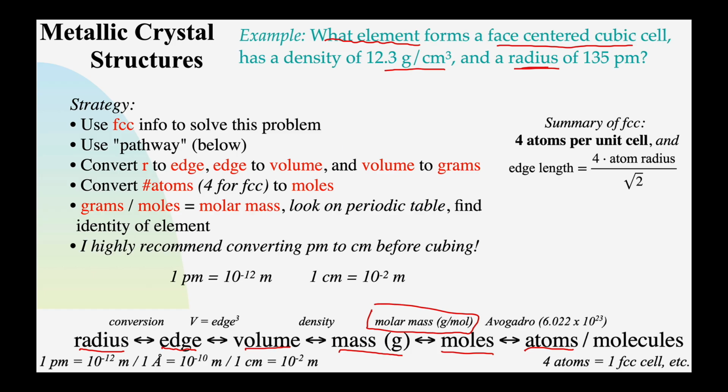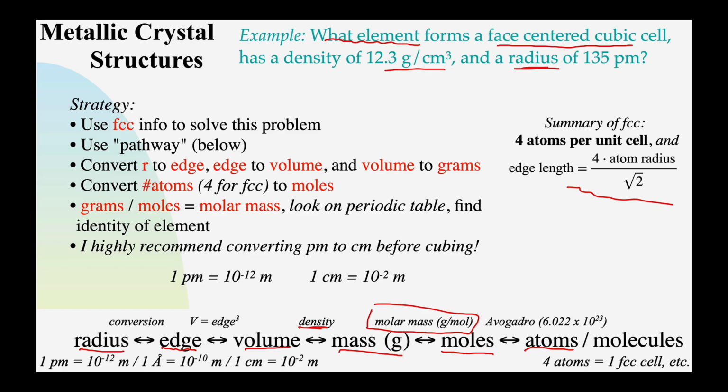Now, one more thing. Before you go from edge to volume, all right, wow, you've got to convert your picometers or your angstroms or whatever you've got to centimeters. And this is why the density is almost always given as grams per centimeter cubed. And if you cube an edge in picometers, which is what you would get by just plugging it into this thing up here, a picometers cubed to centimeters cubed conversion is possible, but it's a real pain, all right?